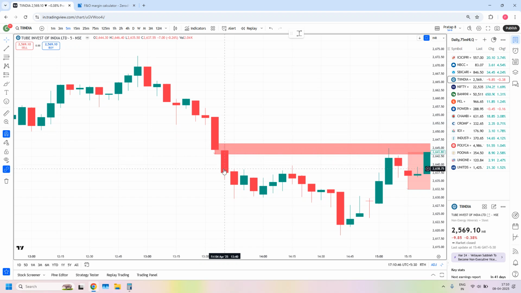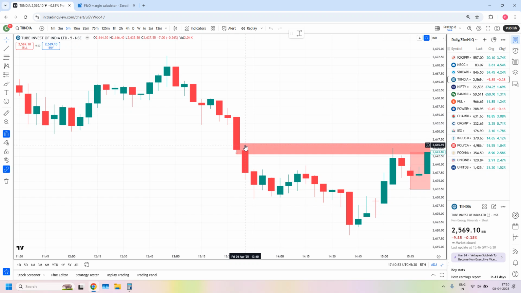I clearly explained this concept in one of the HLQ analysis videos earlier. They draw the zone, but according to our concept, if you go 1 time frame below, exactly in that area, you may find a zone according to our supply demand zone concepts. In such a zone, strong order flows will be there.